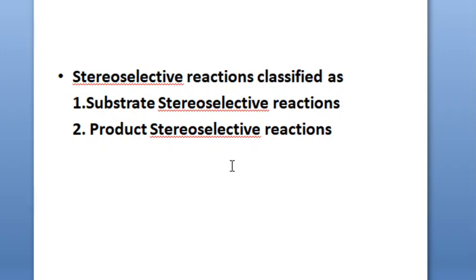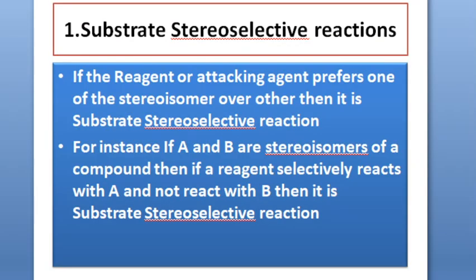If the reactants themselves are involved in different stereoselective reactions, then it is substrate stereoselective. Based on products also, you can say product stereoselective reactions. So we classify stereoselective in terms of substrates and products as substrate stereoselective reactions and product stereoselective reactions. See the first one, that is substrate stereoselective reactions.